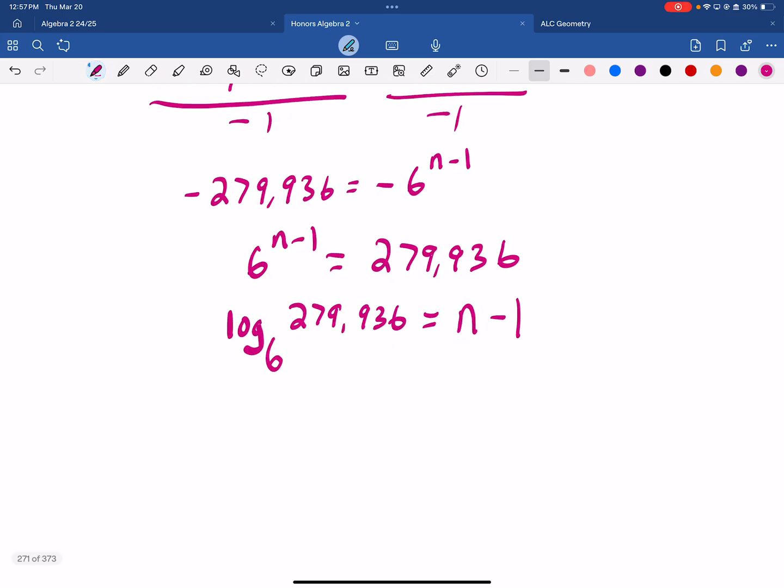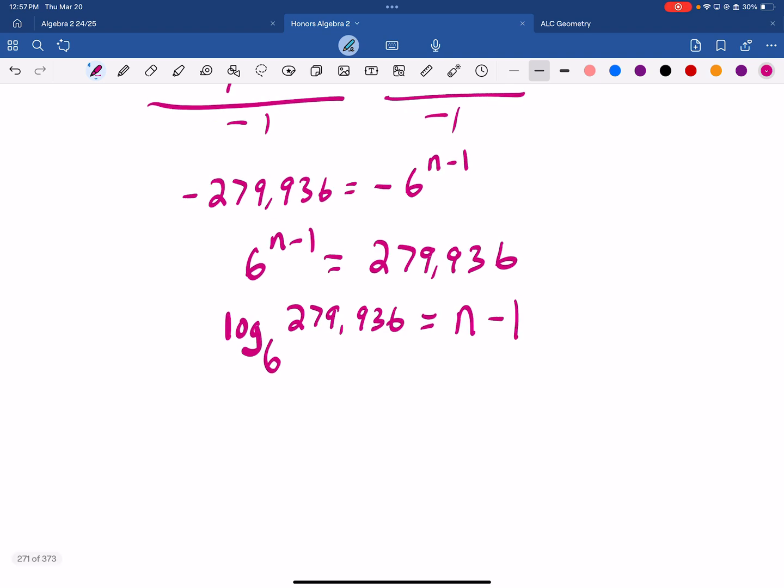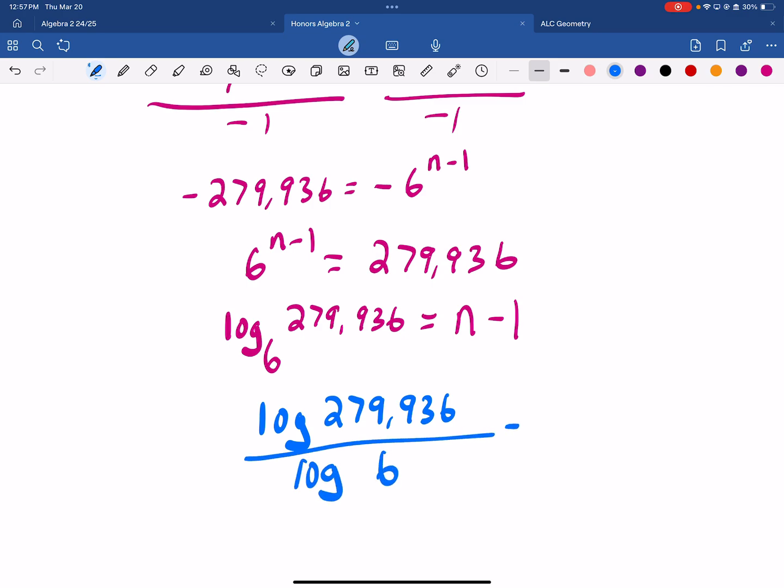Now, log base 6 of 279,936, we can use the change of base formula. Change of base formula says on your calculator, you take the log of 279,936 and divide that by the log of 6.